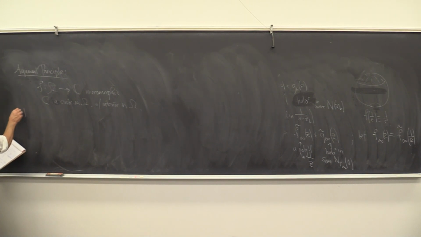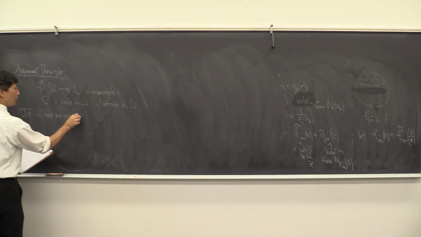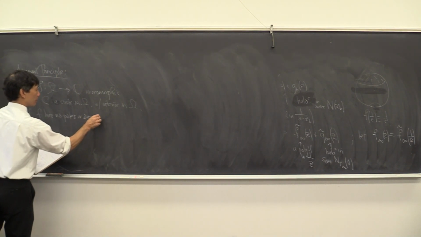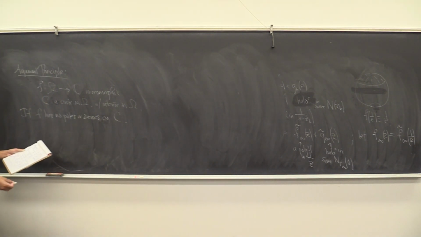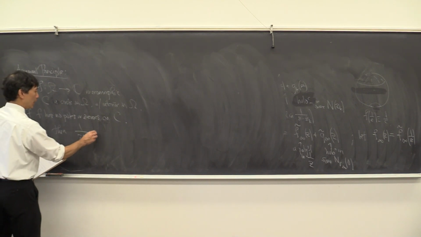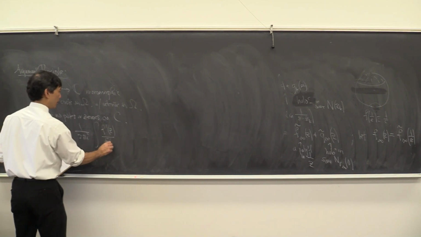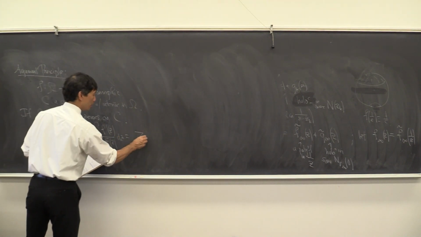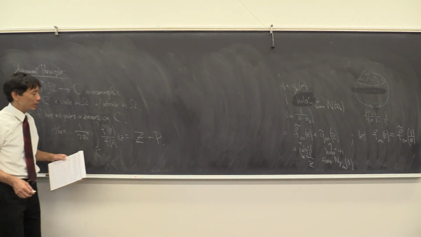If f has no poles or zeros on that path, then when you integrate 1 over 2 pi i of f prime over f over the path, what you get is the total number of zeros minus the total number of poles, counted with multiplicity.